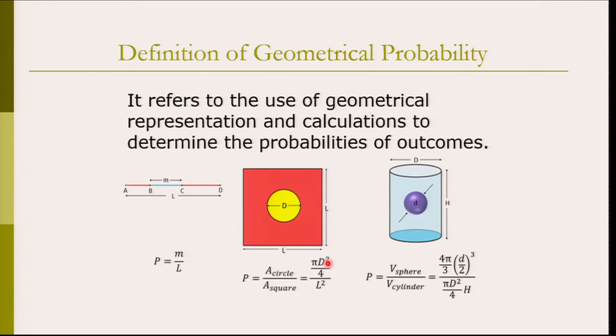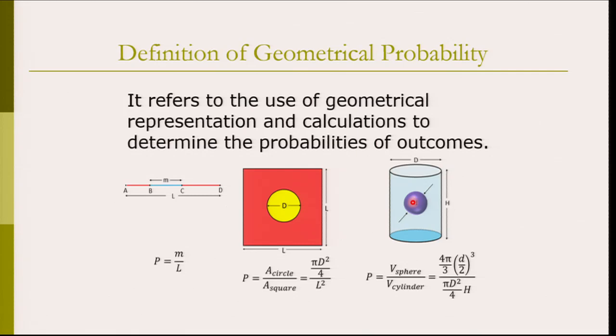Similarly, you have a three-dimensional object which is defined by a cylinder, as you can see here, of diameter d and height h, and let us say that there is a sphere of diameter small d, the purple sphere.